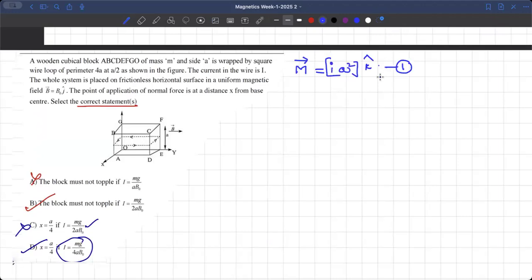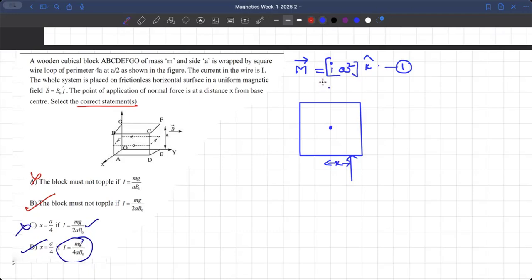Next, the point of application of the normal force is at a distance x from the base center. Now imagine that this is the box. This is the center. You said the normal reaction is acting at a distance x from the center.